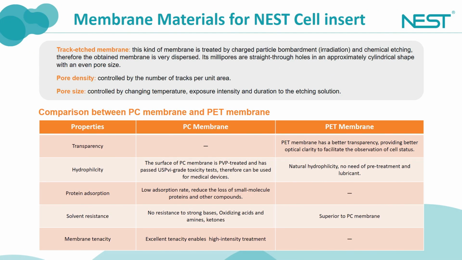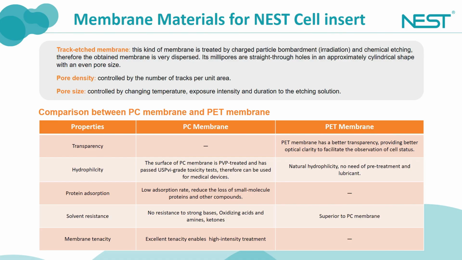Next, we will be talking about the membrane materials of cell inserts. The membrane on the cell insert is formed by physical and chemical processes. The former determines pore density and the latter the pore size. Nest cell inserts have two membrane materials available, PC membrane and PET membrane. The PET membrane has better transparency, making it easier to observe cells.